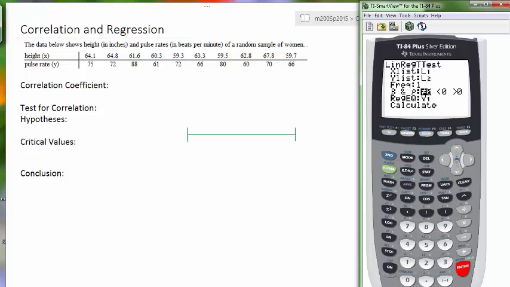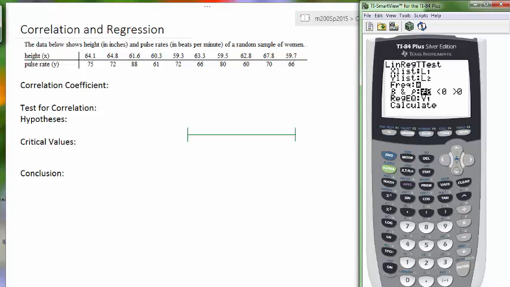In our linreg t-test, we will put L1 for our X list, and to get L1 there in case you don't have L1, press second function and the number 1. Oops, let's try that again. Second function and the number 1. And then you get L2.